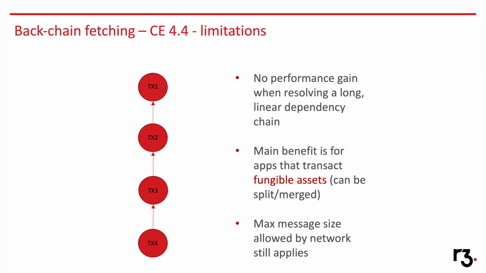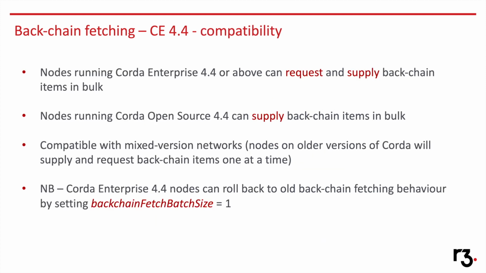Fantastic. Okay. You just mentioned it will always return at least one item. Let's have a look at how this works with nodes that are not running on Corda Enterprise or are running on previous versions of Corda. So what's the compatibility of this feature with other versions of Corda? This is an Enterprise 4.4 feature. 4.4 will request multiple items if it's talking to another 4.4 node, and that includes an open source node.